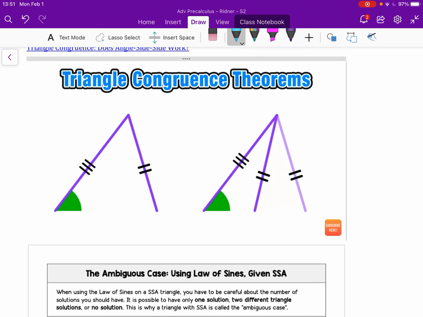Choose to draw that second triangle. And I have the option of drawing it either way, since that's an isosceles triangle, so both of those sides are definitely congruent to each other. Now if I draw it this way as an acute triangle, I see that I have angle side side, however, the base of each triangle clearly are not the same, and these triangles clearly are not congruent.